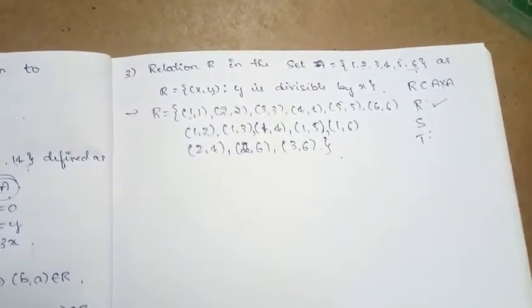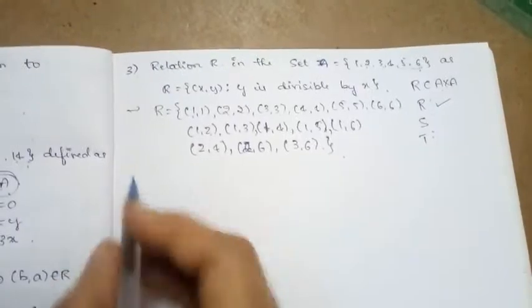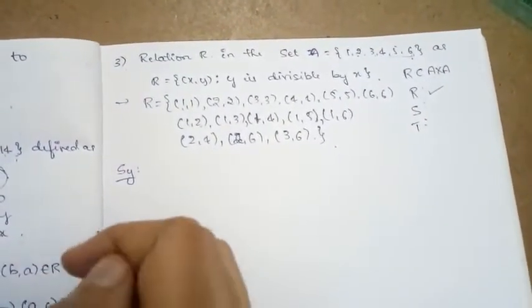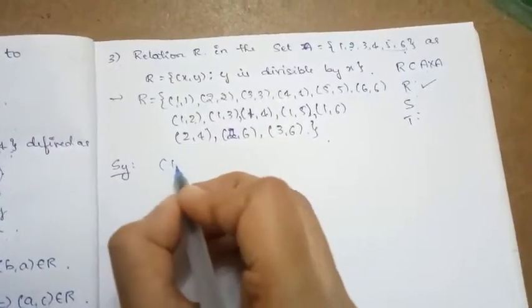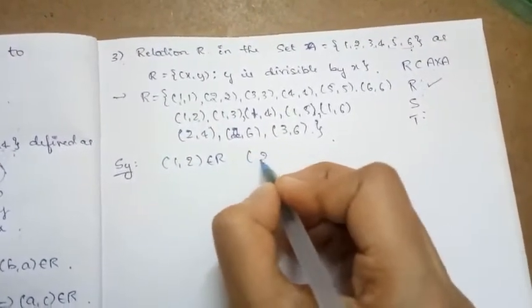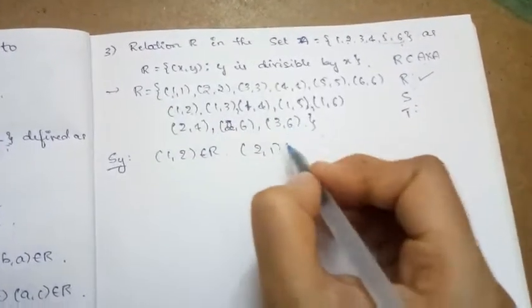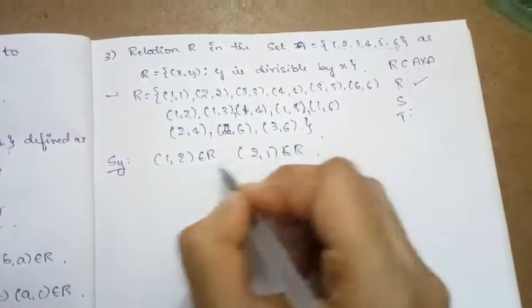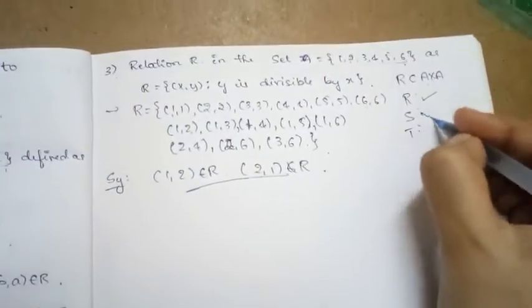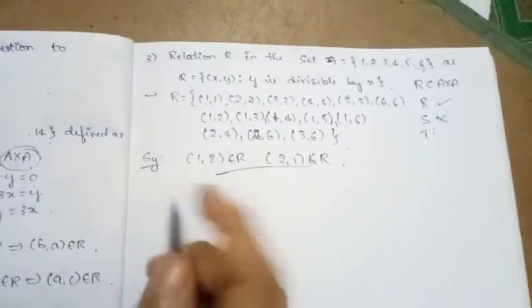Then to check whether it is symmetric: (1,2) belongs to the relation. Does (2,1) belong to the relation? No, not at all. One example is enough to say it is not symmetric.